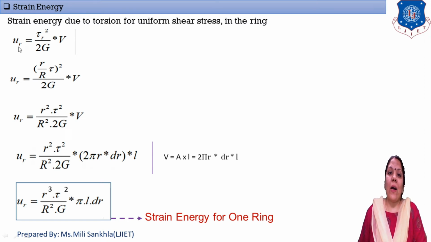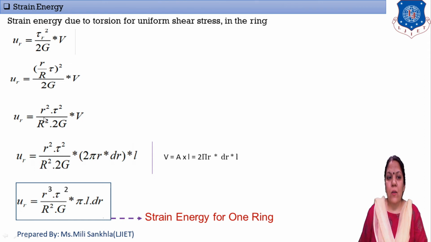U_R, that means strain energy in the ring. R is the notation for ring. Tau_r square divided by 2G into volume, where V is equal to the volume of the ring and G is our shear modulus. Here I take a ratio for tau_r, the shear stress in the ring, and this is the ratio of small r to capital R into the shear stress of the overall shaft, and volume divided by 2G.